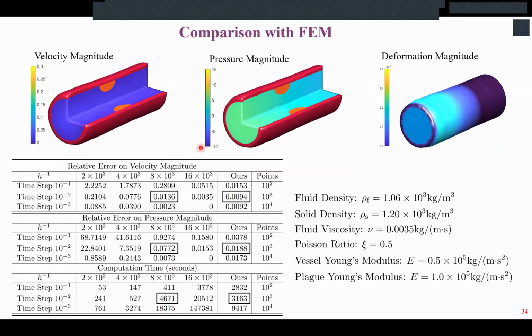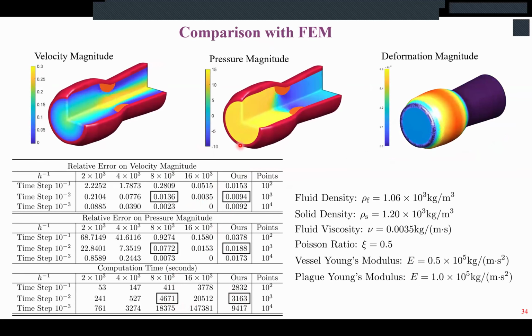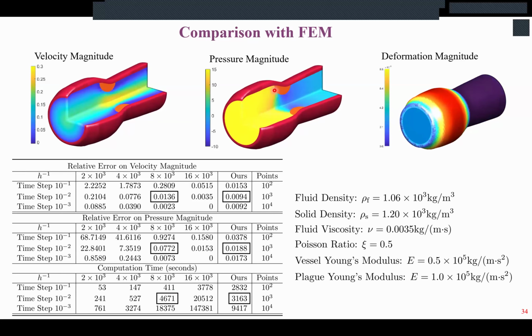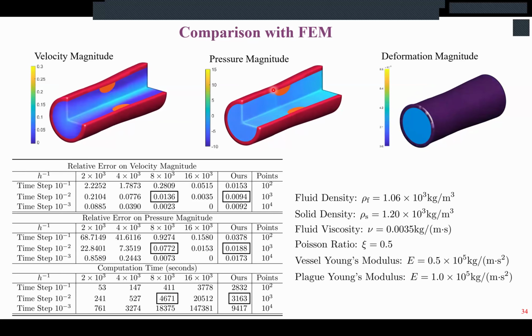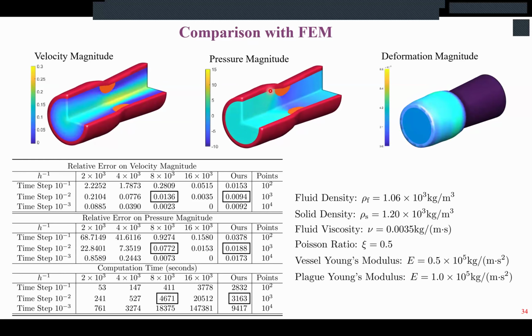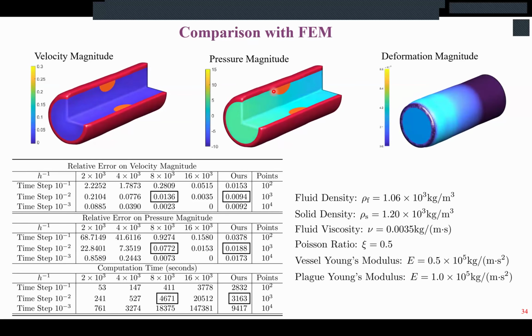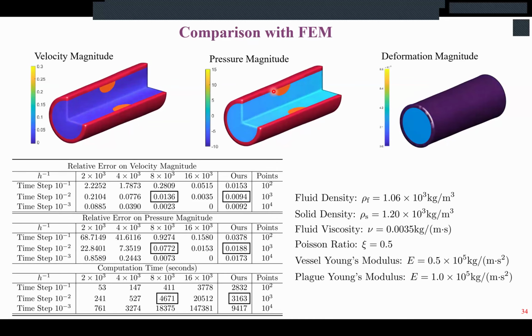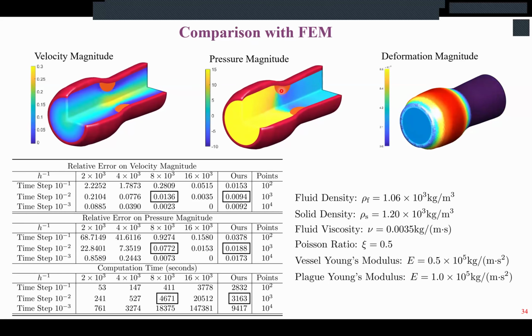I think this is because PINN is meshless, and if we use the finite element method, specifically at the interface between the plug and the vessel geometry, there are sharp edges, which means more discretization is needed there. So I think that's the reason for these better results.